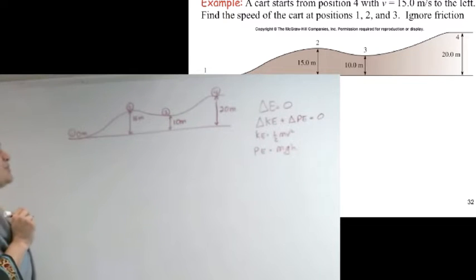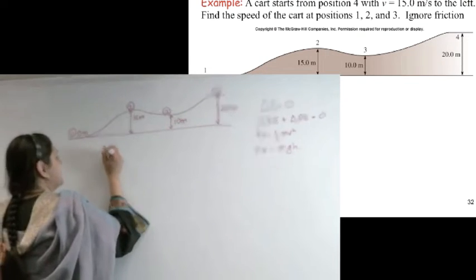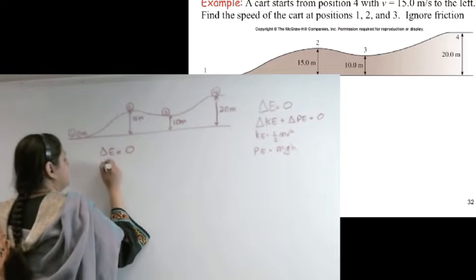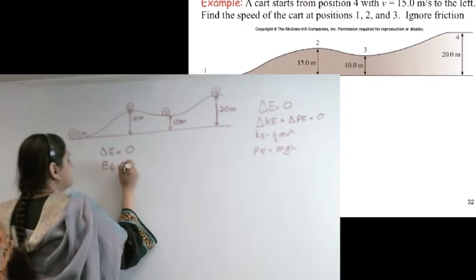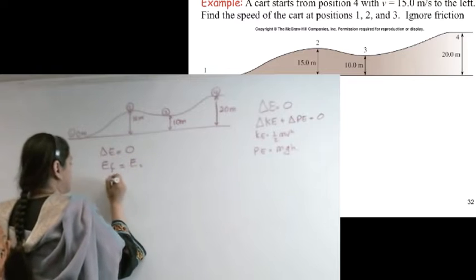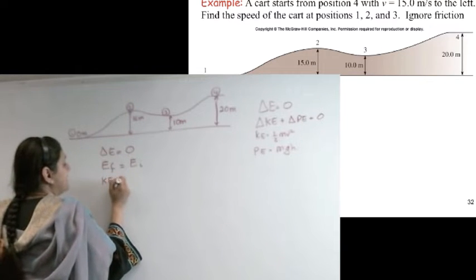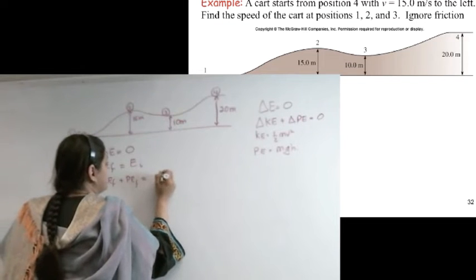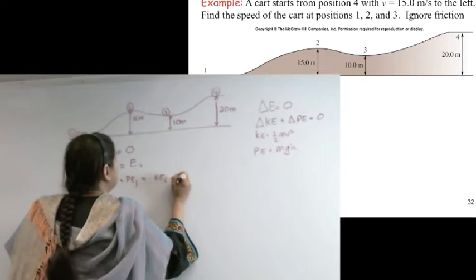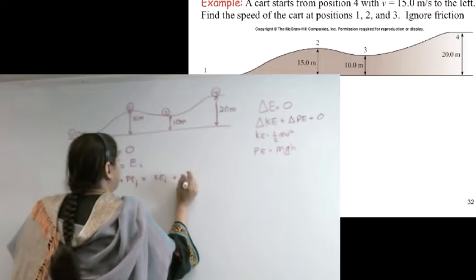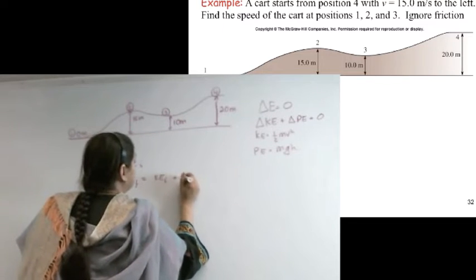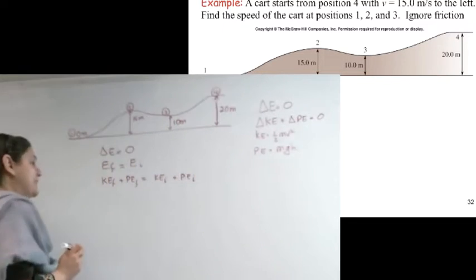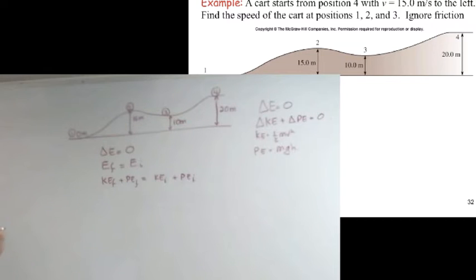So let's look at the difference between position 3 and position 4. We know that since delta E equals 0, E final should equal E initial. That means kinetic energy final plus potential energy final should equal kinetic energy initial plus potential energy initial, right? We all know that. So what is the energy at the final point?